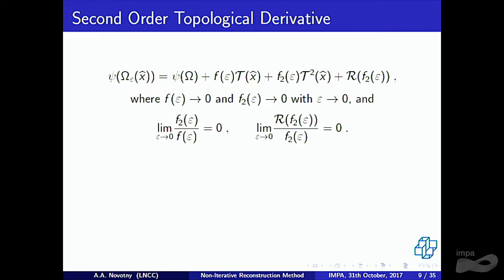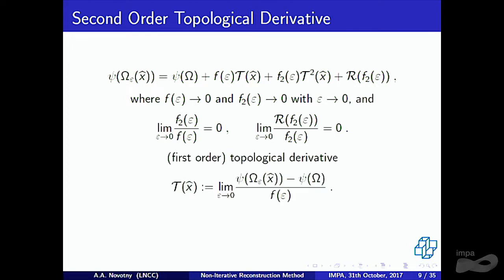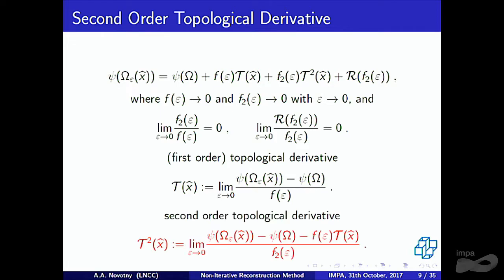And then this is the remainder. So based on these assumptions, if we divide by f of epsilon and take the limit, we get the first order topological derivative as before. And if we divide by f2 of epsilon and pass the limit, we get what we call the second order topological derivative. Okay? And then I will show some application of these ideas in inverse problems.